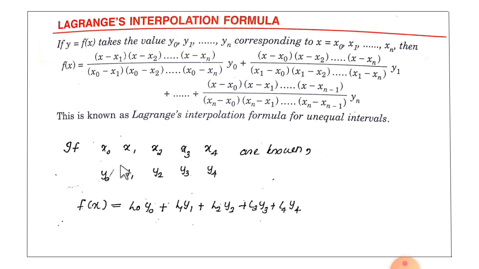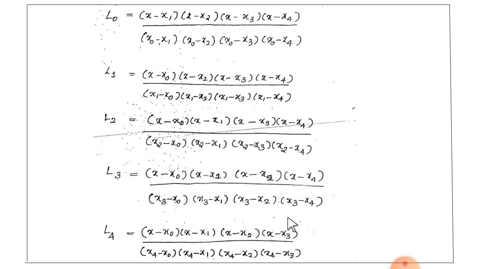Now if we have x0, x1, x2, x3, x4 and y0, y1, y2, y3, y4, then f of x can be written using the Lagrangian interpolation formula as f of x equal to L0 y0 plus L1 y1 plus L2 y2 plus L3 y3 plus L4 y4. So L0 will be (x minus x1)(x minus x2)(x minus x3)(x minus x4) by (x0 minus x1)(x0 minus x2)(x0 minus x3)(x0 minus x4).